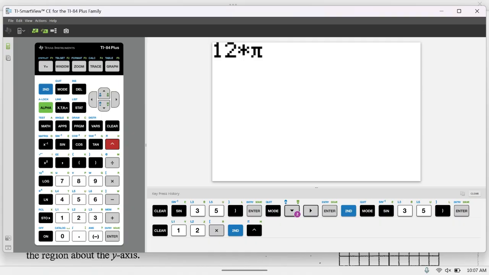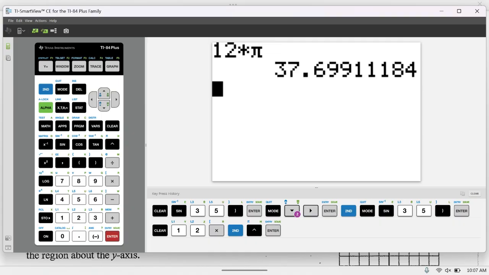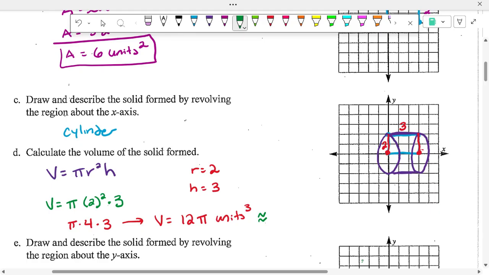So again, second, and then the key above the division key. And then hit enter. So let's say I rounded to the nearest hundredth. What would that be? 37.70 or just 37.7. So this is about 37.7 units cubed.